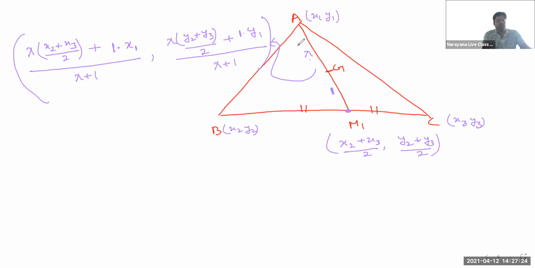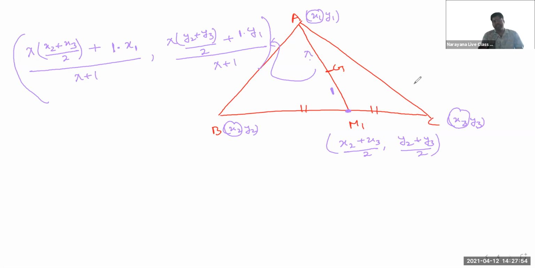Now we already know that A, B, and C, none of the points is special for G. Hence, the formula for the coordinates of the centroid will be a symmetric expression in x1, x2, and x3.